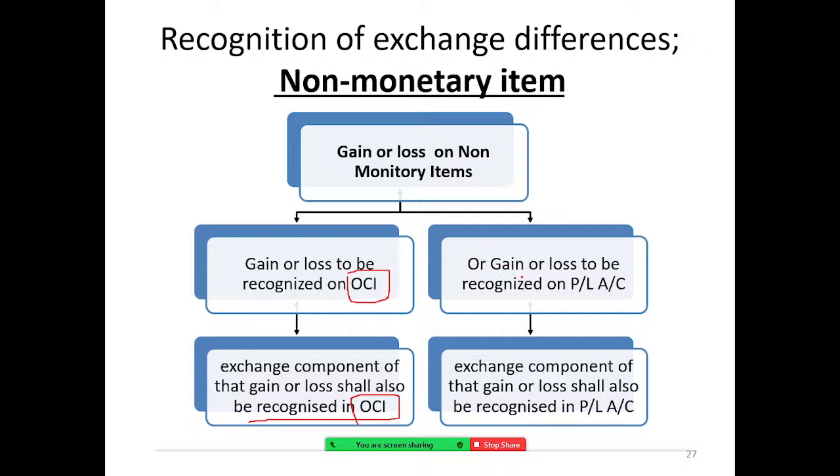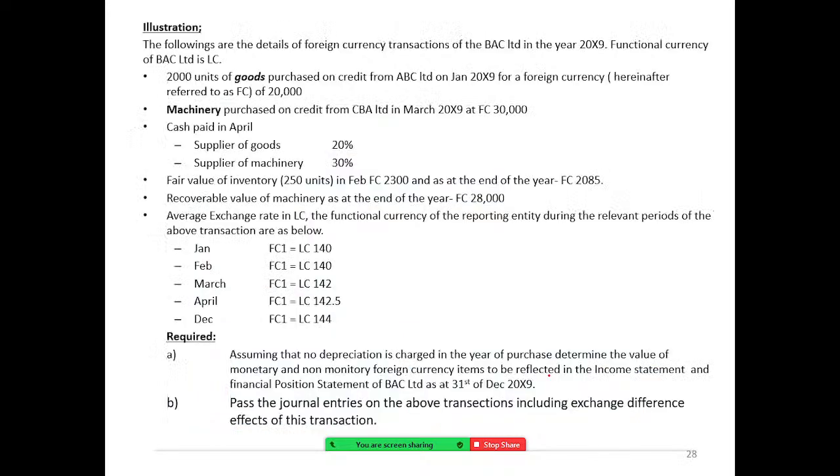Any other gain or loss is to be recognized in the profit or loss account. Earlier it was recognized in the PL account, so likewise this year also they have to recognize it in the PL account. The exchange component of that gain or loss shall also be recognized in the profit or loss account.